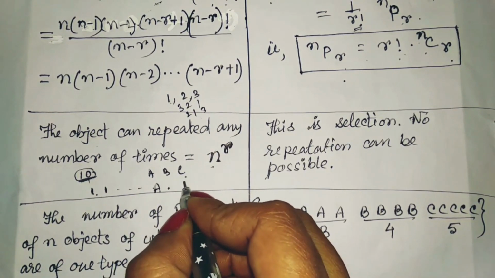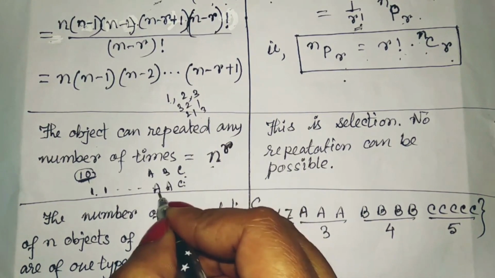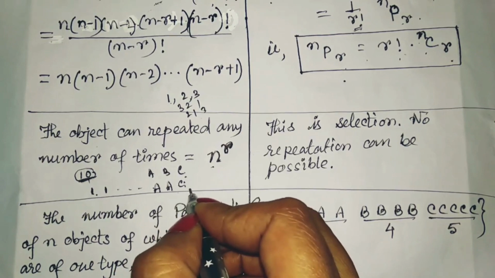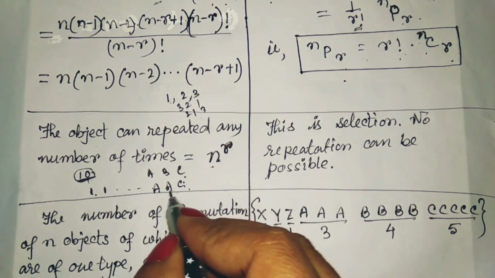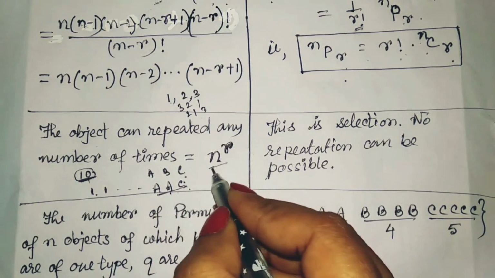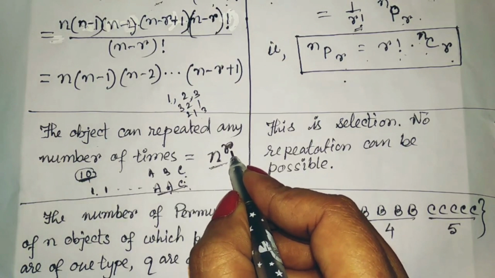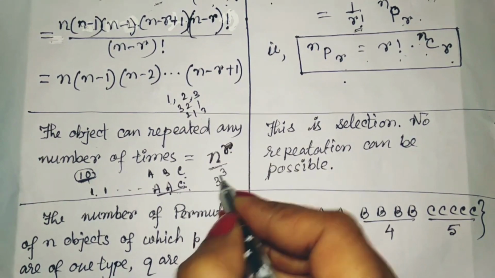In the third position also I can choose A, B, C, anything. So that our word is AAC or AAA or AAB. In this way anything is possible. That means repetitions can be allowed. If repetitions are allowed, then the total number of permutations is n to the power of r. So 3 positions are there and 3 choices we have.